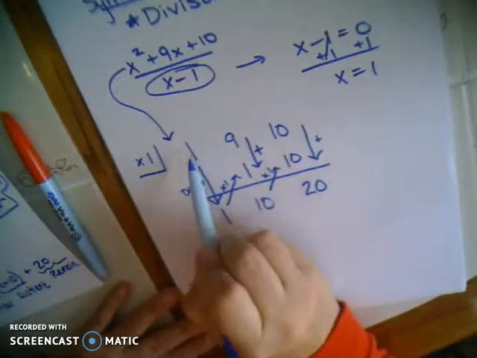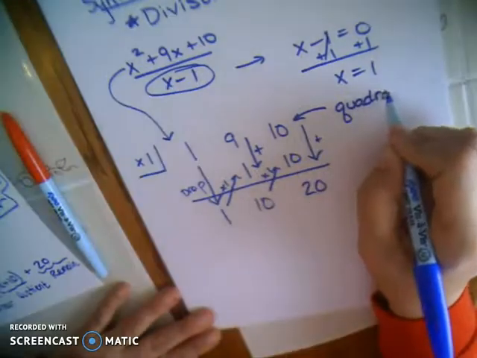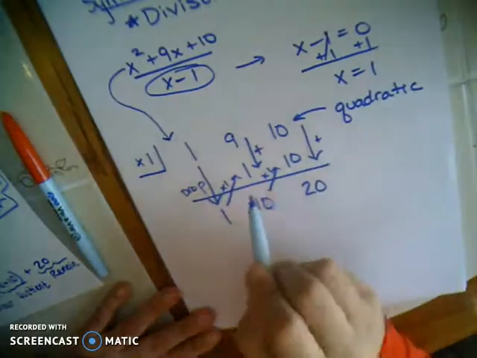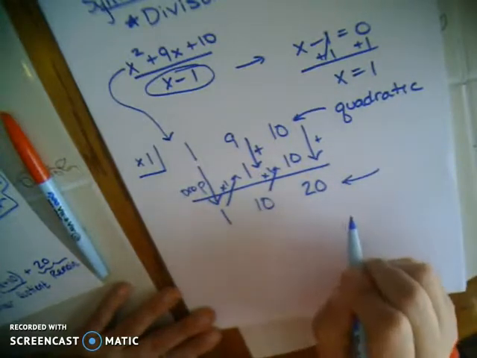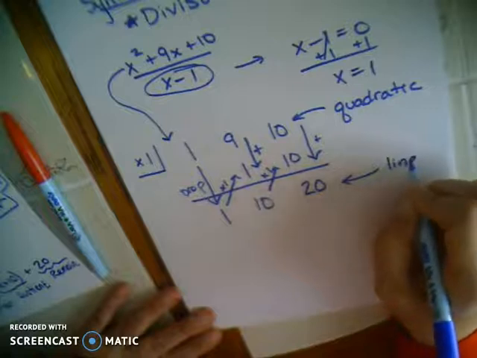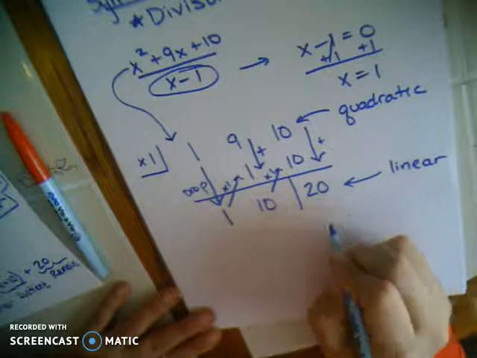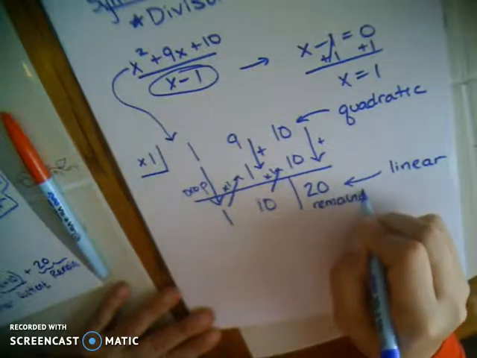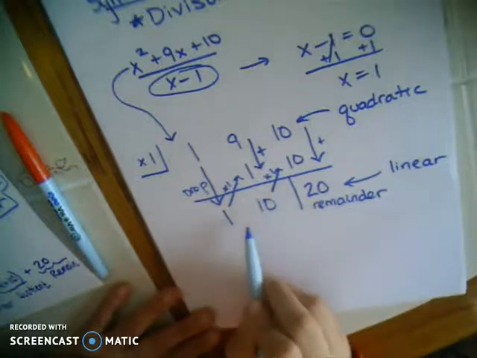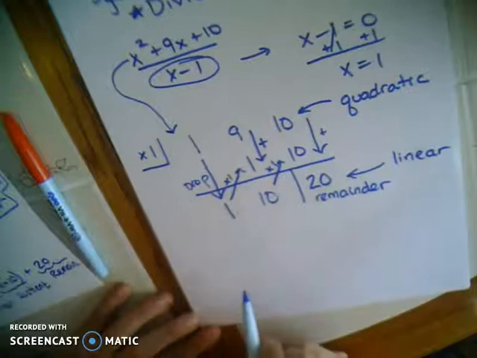So we started with a quadratic equation. When we do synthetic division, the answer will always be 1 power less. So this answer is linear, and the last number is always the remainder. So these are the coefficients for a linear polynomial, 1 and 10, and 20 is the remainder.